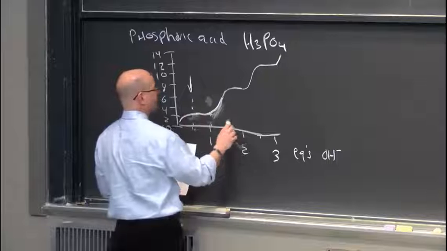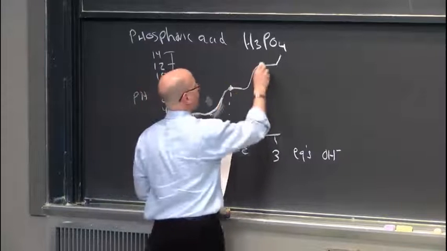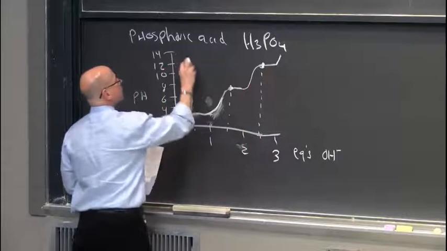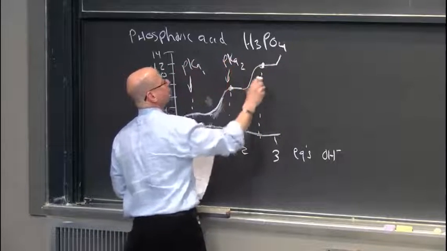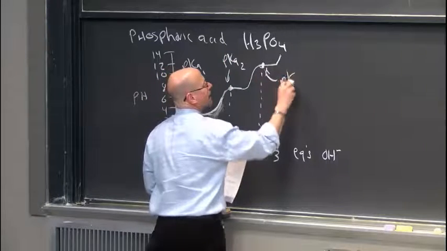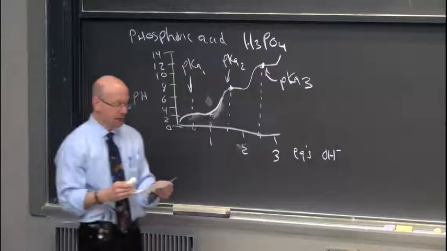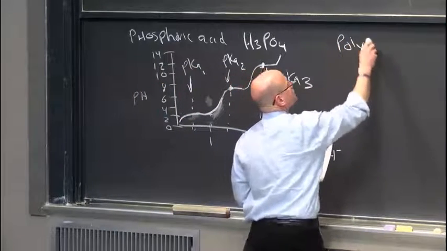There are 3 separate inflection points that I get on this curve: pKa1, pKa2, and pKa3. This means that this is an example of a polyprotic acid.